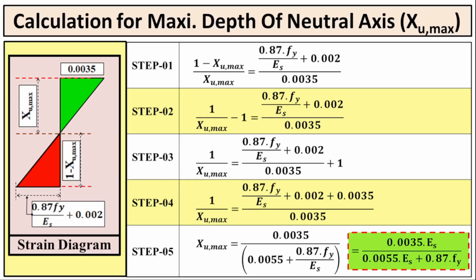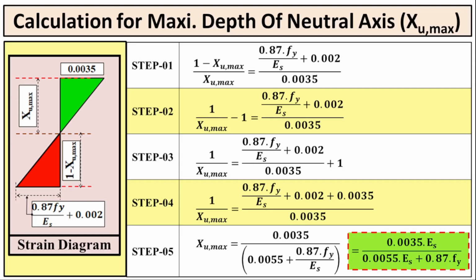In step 2, we simplify the left-hand side. Step 3 further isolates xu max. Step 4 simplifies the right-hand side. Finally, in step 5, we arrive at the formula for xu max.